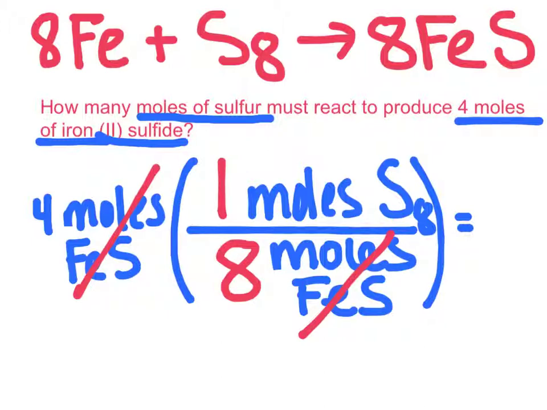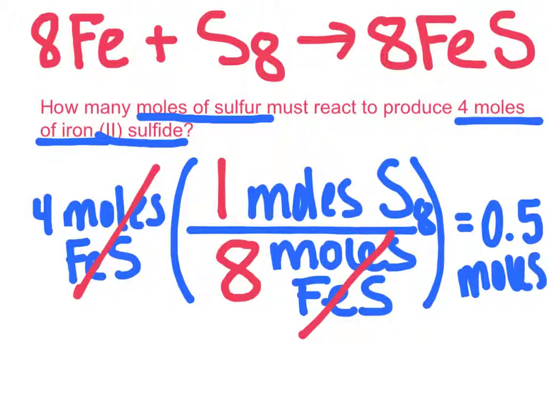So this ends up being, I hope you got 0.5, and that's a quantity. You always need a unit. 0.5 what? Moles of what? S8, right? Because we canceled out the moles of FeS. The only thing we're left of is that.